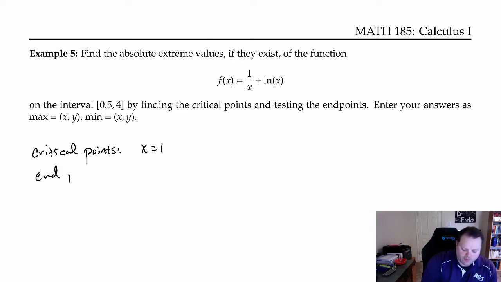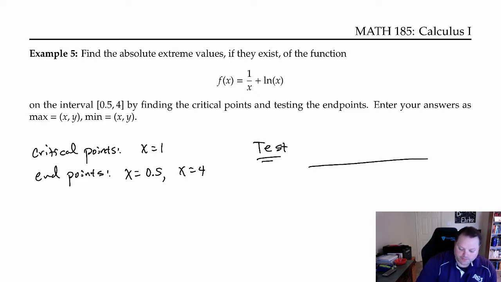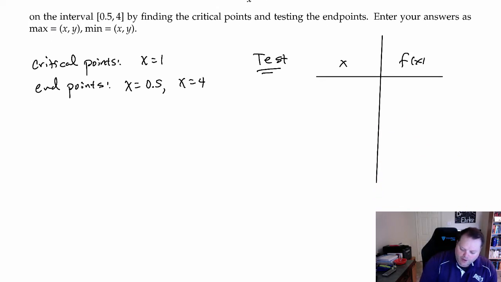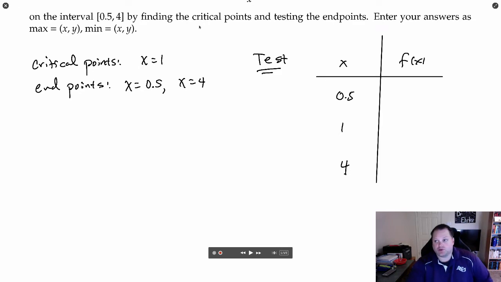We know that the endpoints for this problem, going from the interval from 1/2 to 4, are x equal to 1/2 and x equal to 4. So we're going to test x versus f of x, where x is 1/2, 1, and 4. And we're going to plug those into Desmos and see what the values are here.